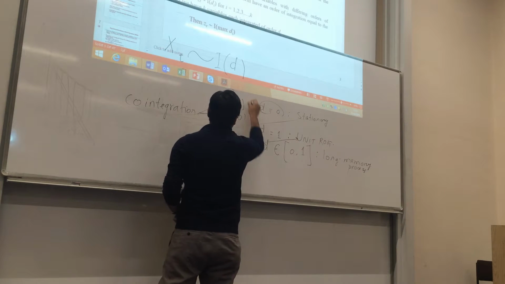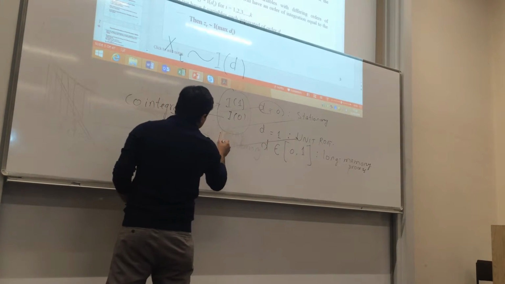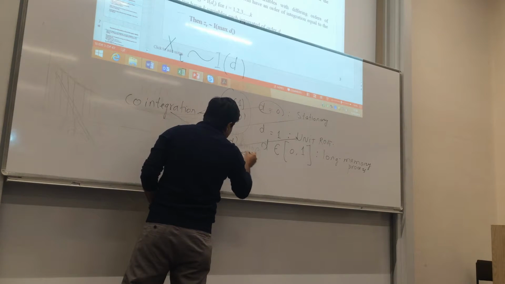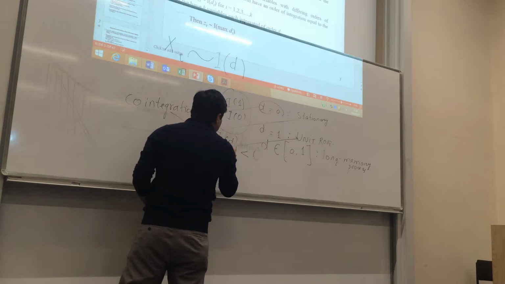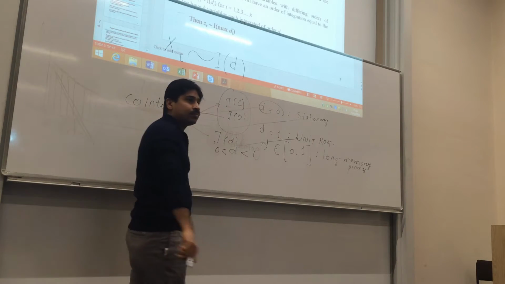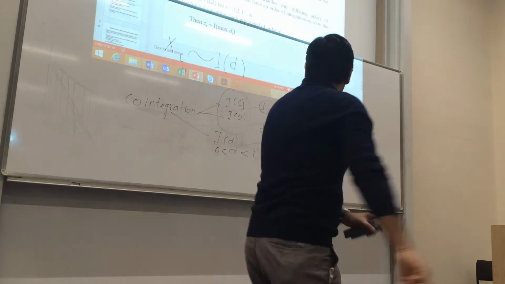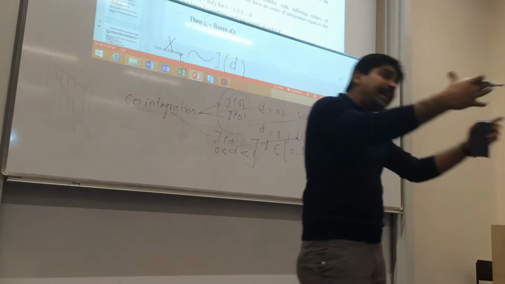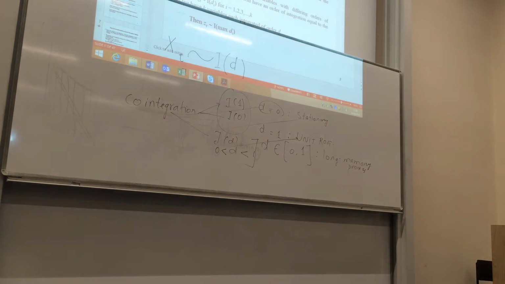This is one class. The second is I(d), where d is fractional. This is what we call fractional integration and fractional cointegration, which you will not be taught, my friend.